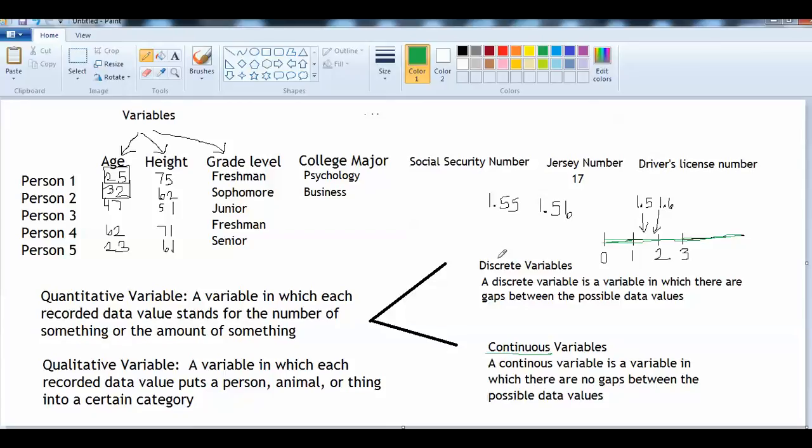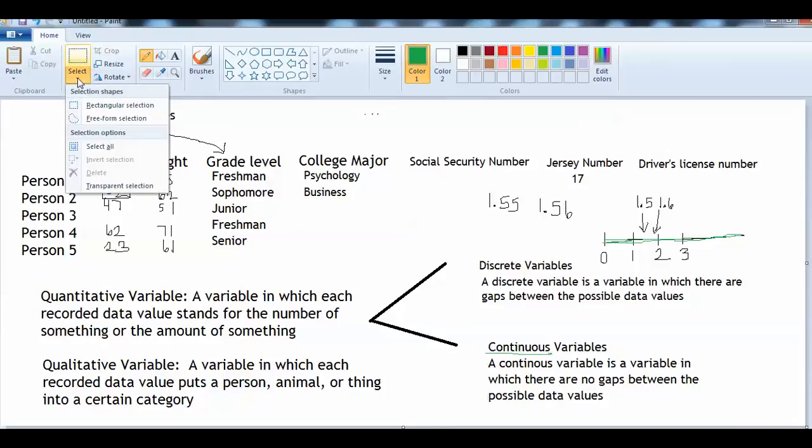So let's now talk about the two different types of qualitative variables. That's the last thing we'll talk about.